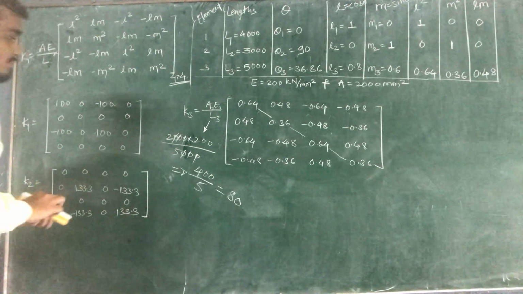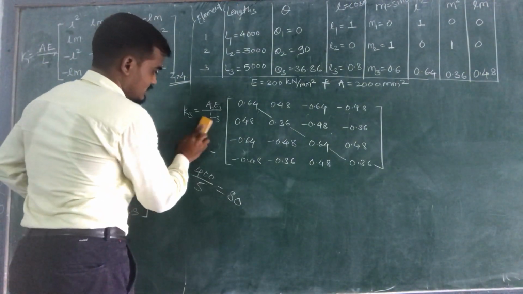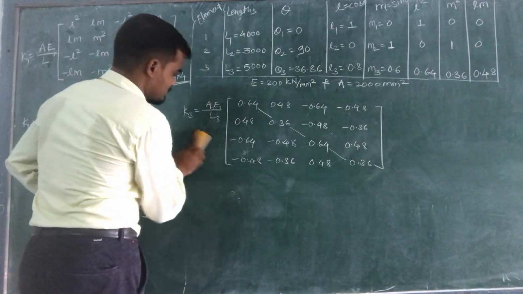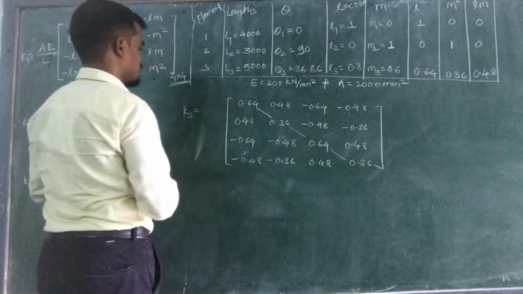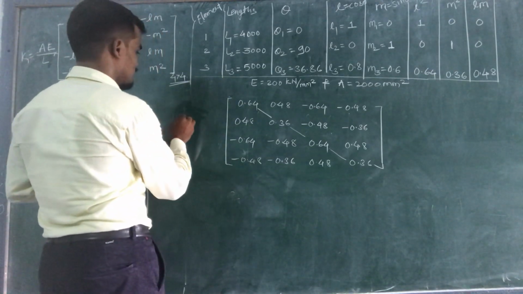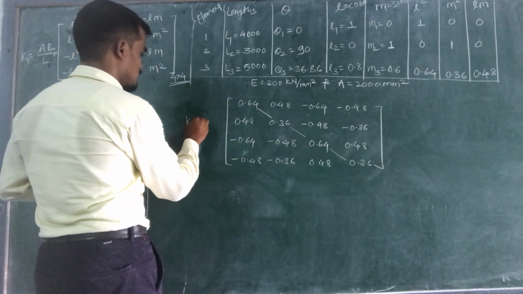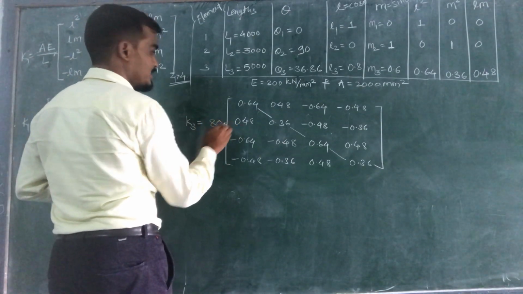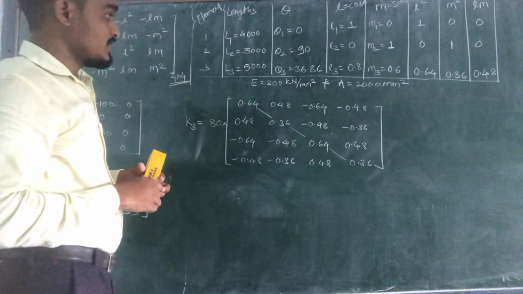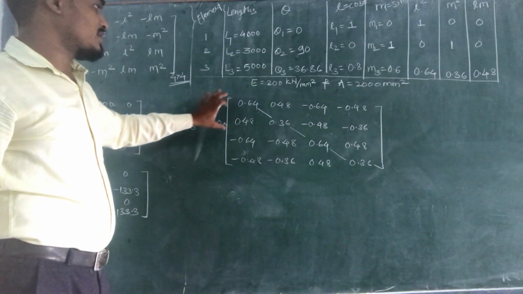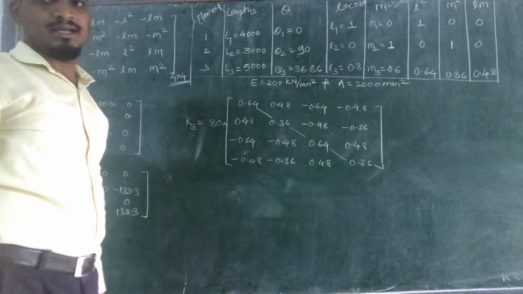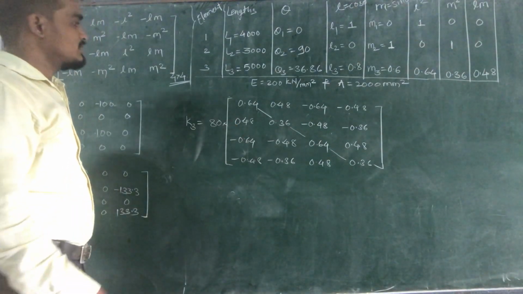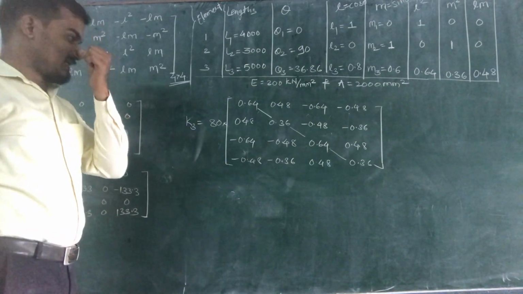So multiplying this matrix by 80, we need to multiply each value by this 80, so that you will get the final elementary stiffness matrix.